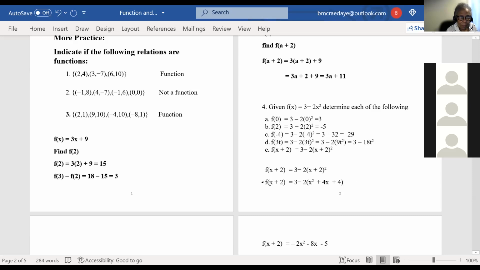Okay, and then you multiply 2 times that, and what do you get? Let me just copy this.